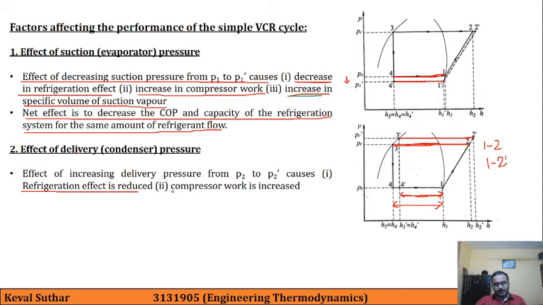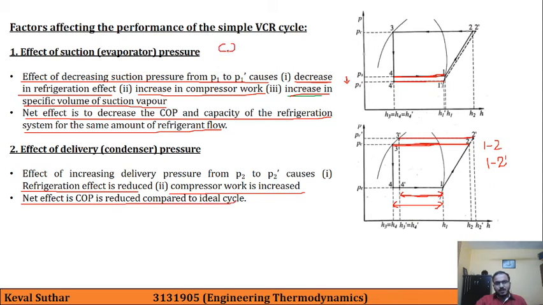So the net effect is that COP is reduced compared to the ideal cycle.